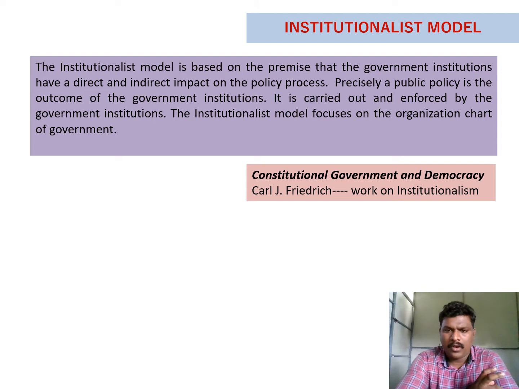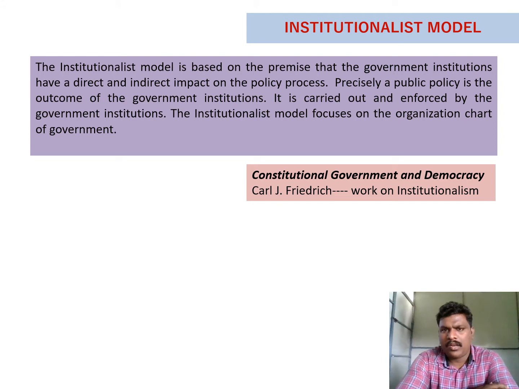So, who is authorized to make policies? Only the government. The government is an institution, so policies are the outcome of government institutions. It is carried out and enforced by the government institution.